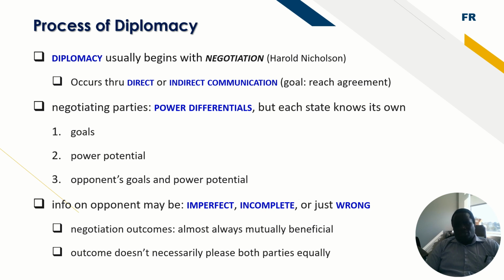And this is illustrated in that information on the opponent may be imperfect, incomplete, or just wrong. Think about the allegation that Iraq had weapons of mass destruction before 2003.